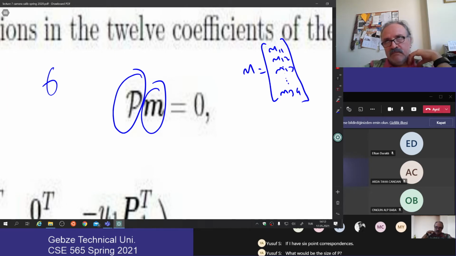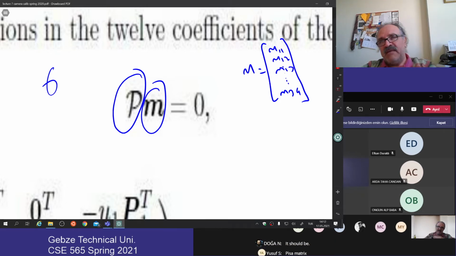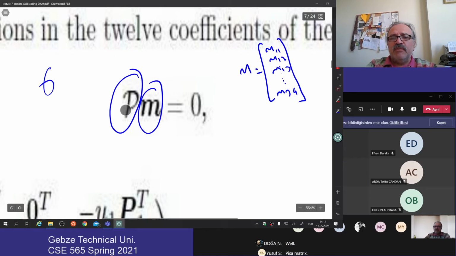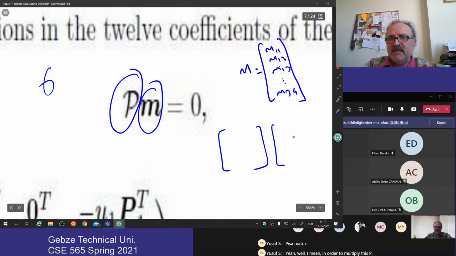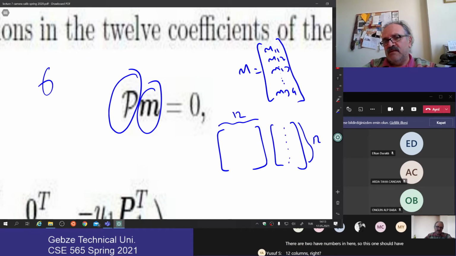P is a matrix, 12 by... Well, in order to multiply this P with this vector of 12 numbers, this one should have 12 columns, right? Otherwise I cannot multiply it.